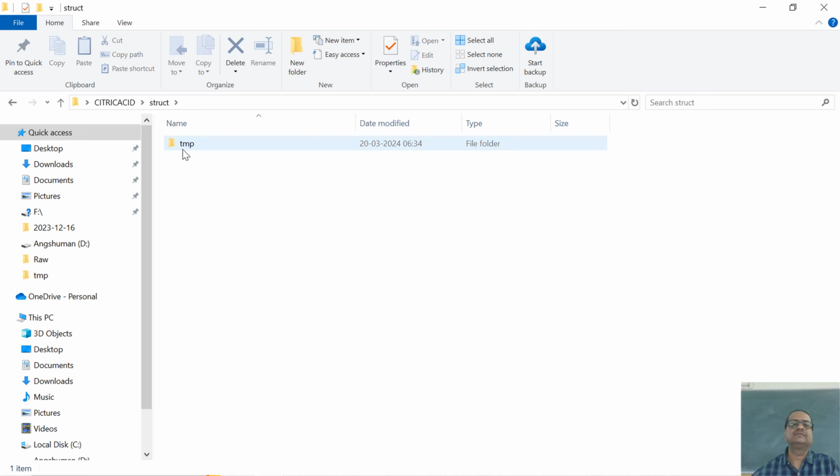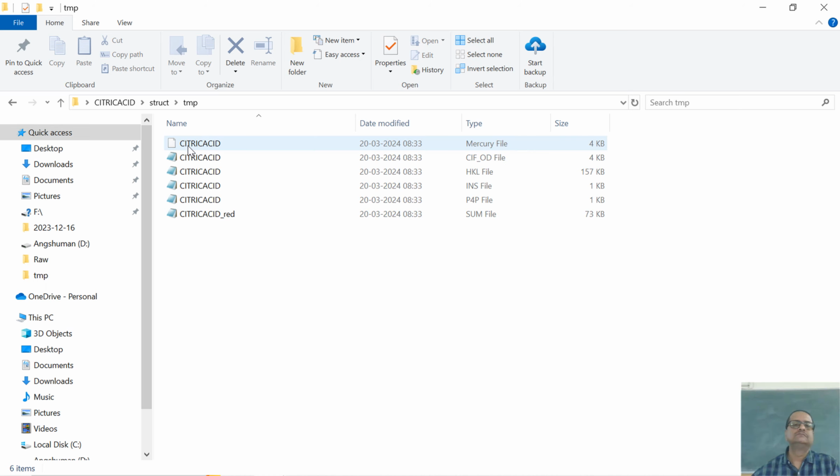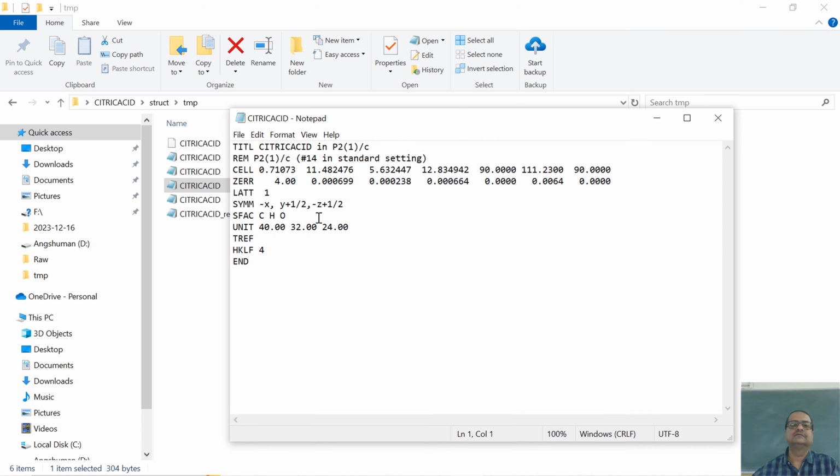Now go to the structure folder. Now you see it has been updated now. The INS file is just now updated. Look at the INS file now. Depending on whatever formula we gave, it has taken it as the corresponding numbers using that as a standard.